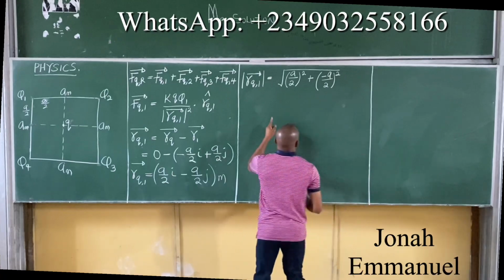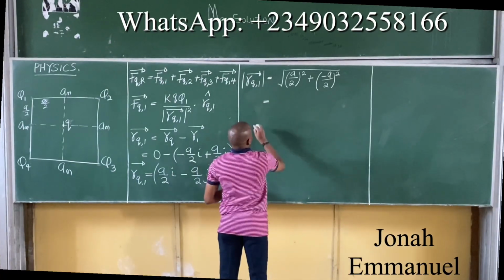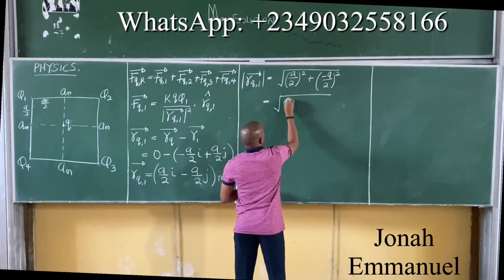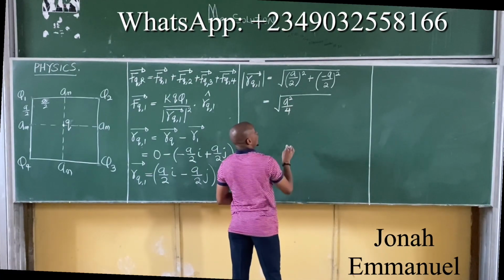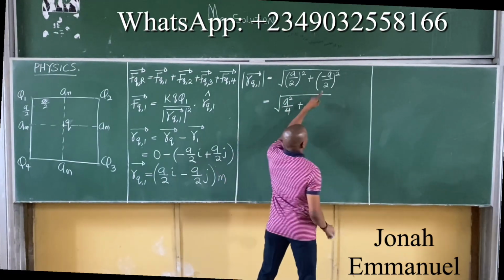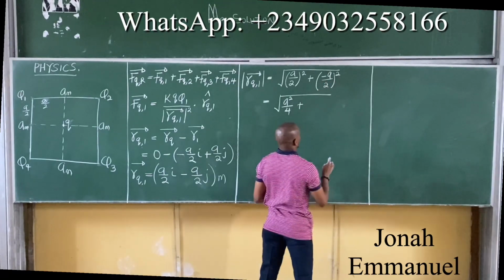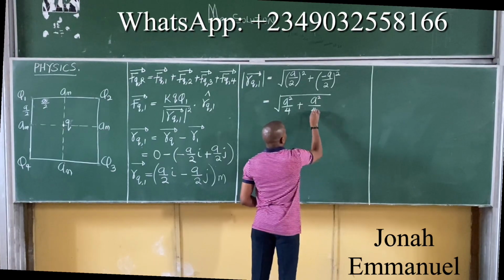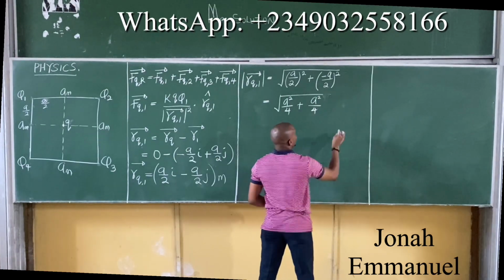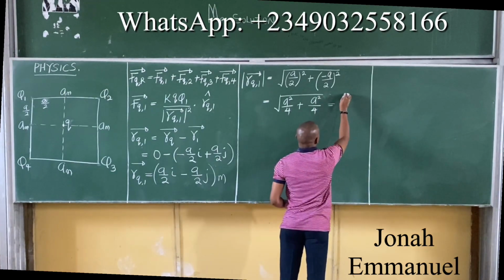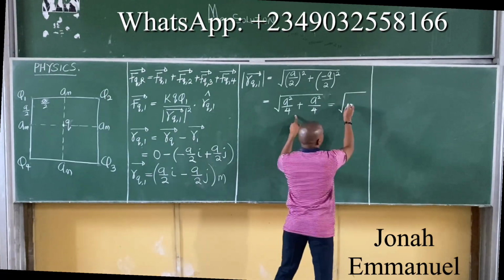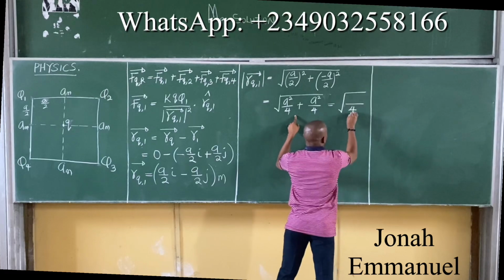Alright, work this out. This is equal to the square root of A squared all over 4 plus minus A all squared. What does that give? Positive, it becomes A squared all over 4. So I have this. Work this out. This is equal to the square root of, if I add this, 2 becomes common denominator, I mean 4.